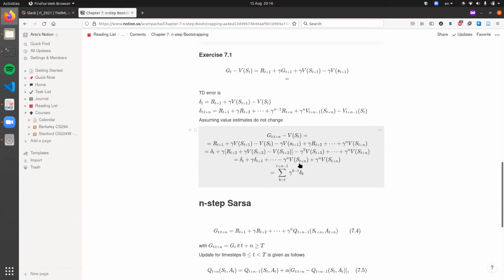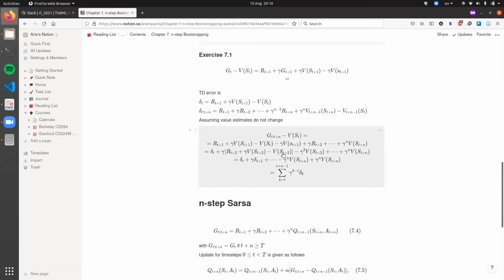And finally, we got to the point where this discounted value estimate for the time step S_{t+n} cancels out, and the TD error becomes a sum for k equals t to t plus n minus 1 of the discounted TD errors.